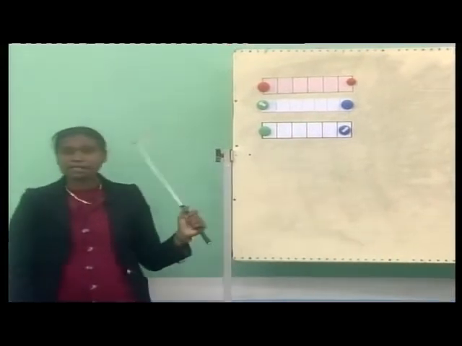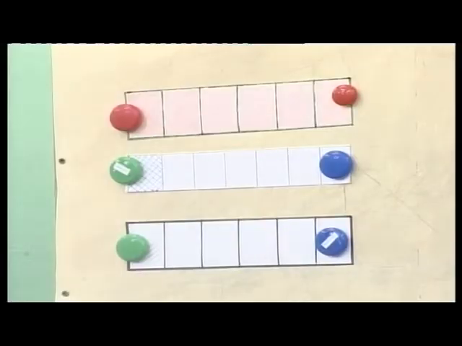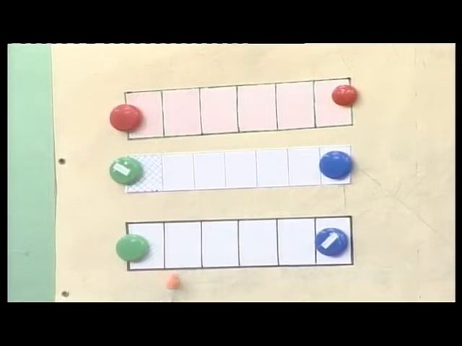The third one, the strip of paper is being divided into how many parts? 6 parts. And how many parts has been shaded? 1 part. So thank you to group 4. They have come up with the correct diagram of showing the fraction 1/6. Are we following, 6Es and receiving students?